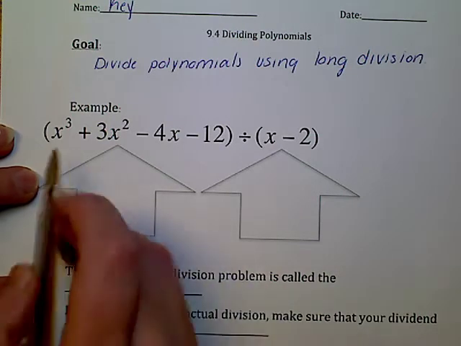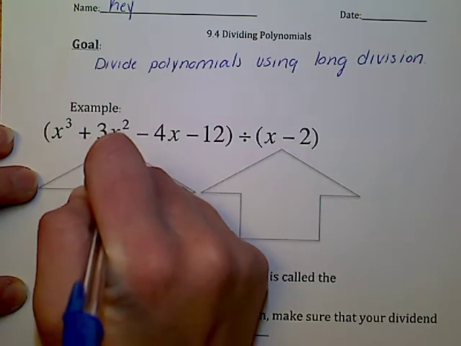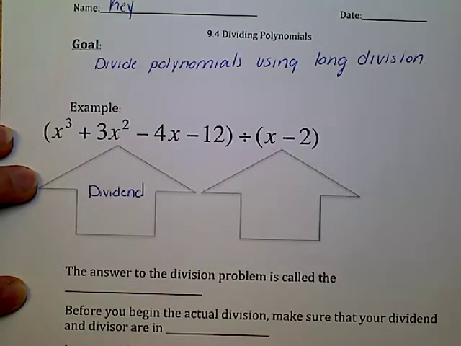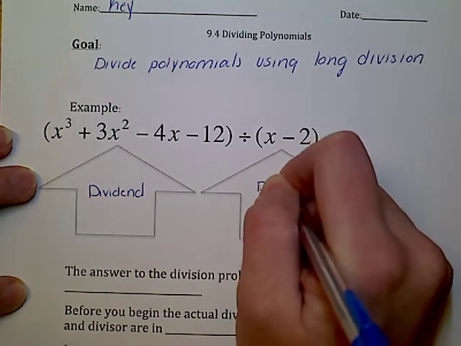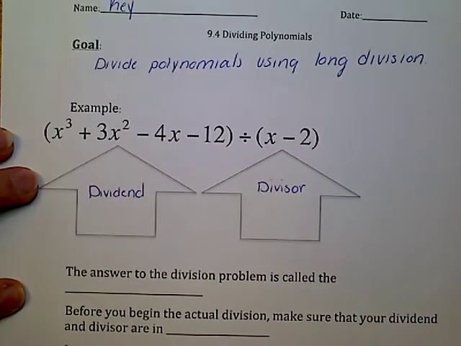This thing, the thing that is being divided, we call that the dividend. The thing that's doing the dividing is called the divisor. And I will use those words, so you definitely want to make sure that you know which is which.